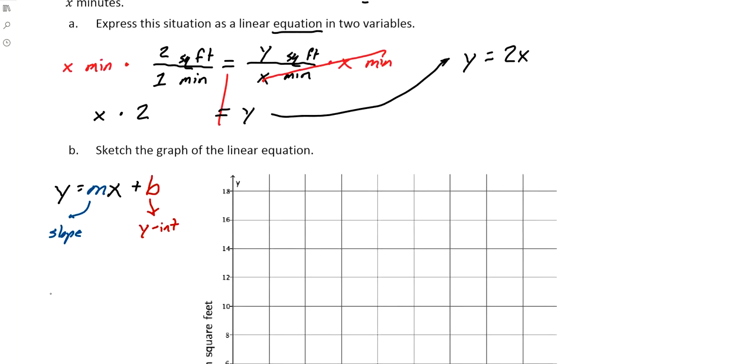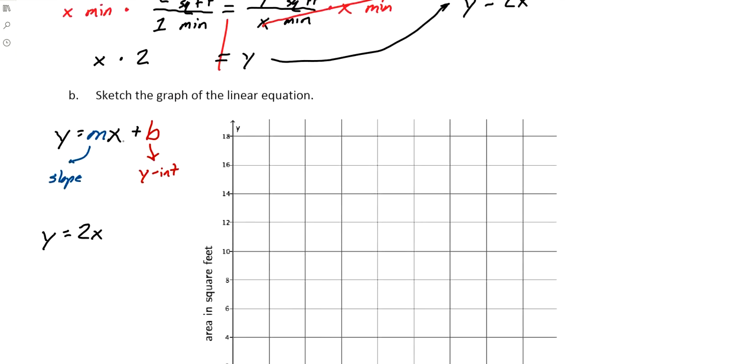So let's use the equation that we came up with in the last one. We have y equals 2x. So let's use this y equals mx plus b to figure out what we have in the equation we came up with. So this 2, it's the coefficient of x. It's attached to x.